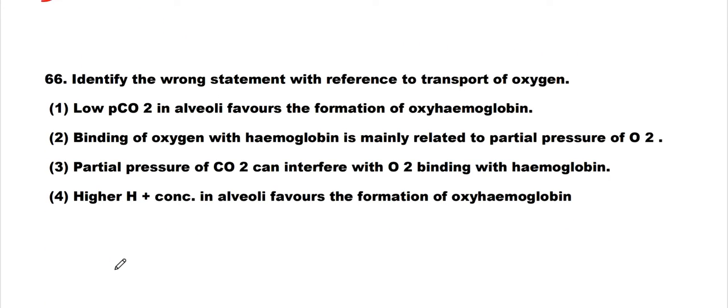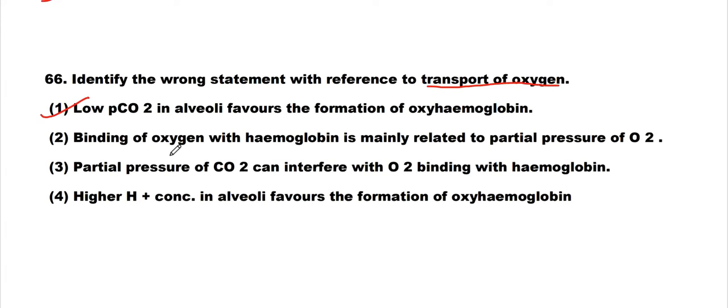Next, question 66. Identify the wrong statement with reference to transport of oxygen. Low partial pressure of carbon dioxide in alveoli favors the formation of oxyhemoglobin. Yes, this is correct.